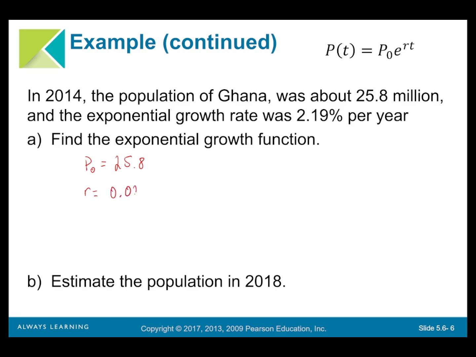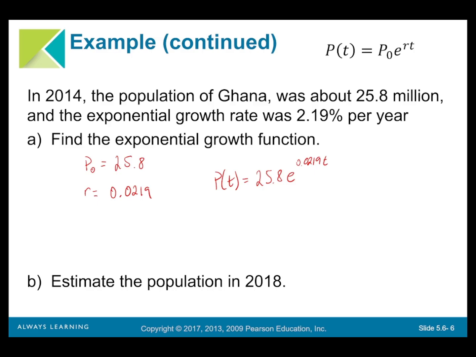That's 0.0219. So to write down the function, we get P of t equals 25.8 e to the 0.0219 t. Now this still needs to be a function of t, so I still want to be able to see my t value there. And we have our initial value and our rate plugged in.